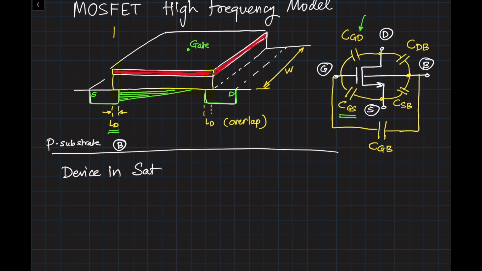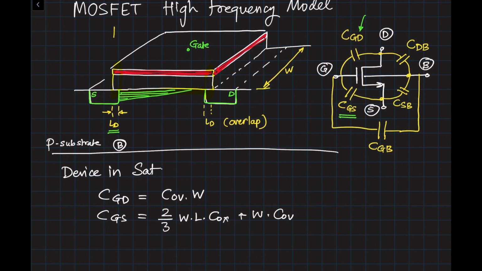So we say that CGD now becomes C overlap times W, and CGS is equal to 2/3 W times L times Cox plus W times C overlap. This 2/3 factor comes in because of the integration of capacitance of each segment.